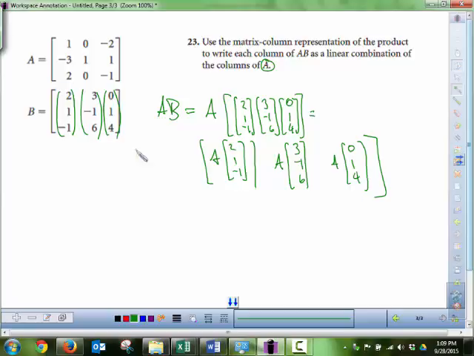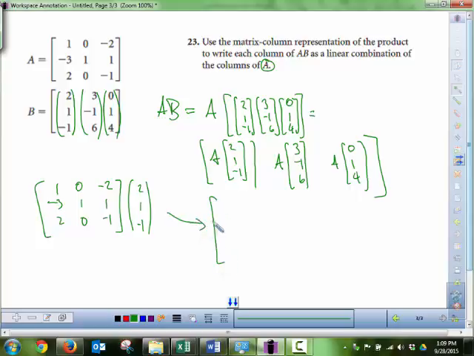So what we want to do is take a look at 1, negative 3, 2, 0, 1, 0, minus 2, 1, negative 1. This is your matrix A, and we want to multiply this by each of these column vectors. 2, 1, negative 1. So your first column will be 2, 0, positive 2, so that's 4.